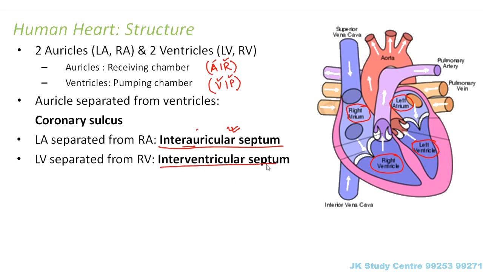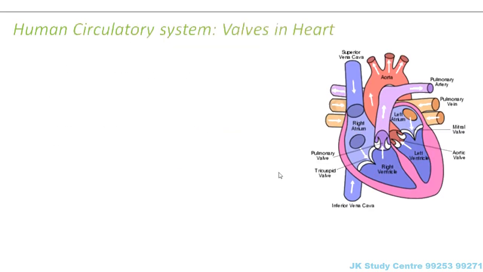Now these four chambers need to be separated from each other, right? So auricles and ventricles are separated by a groove-like structure called the coronary sulcus. The two auricles are separated from each other by the interauricular septum, and the two ventricles are separated from each other by the interventricular septum.